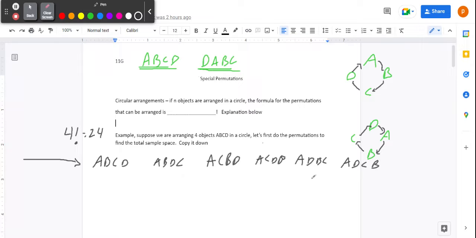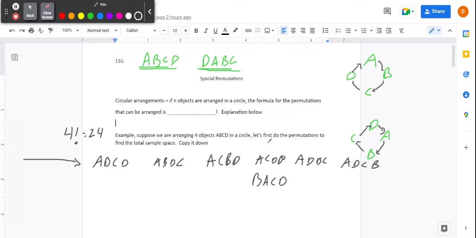So let's start with our B's. Let's say we have B, A, C, D. This B, A, C, D follows the same order as this ACDB here: B, and then A, C, D. It follows the same sequence.